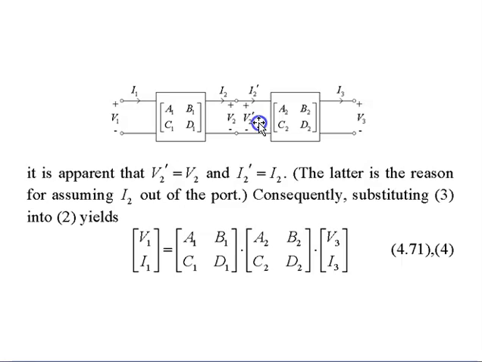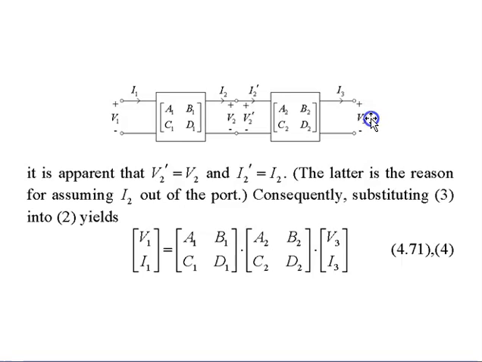V2 prime is actually V2 and I2 prime is I2, and then it goes into the second matrix A2, B2, C2, and D2. And finally at port 3, you have V3 and I3.